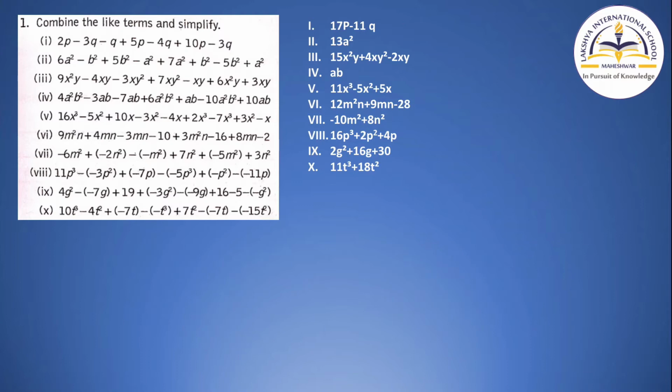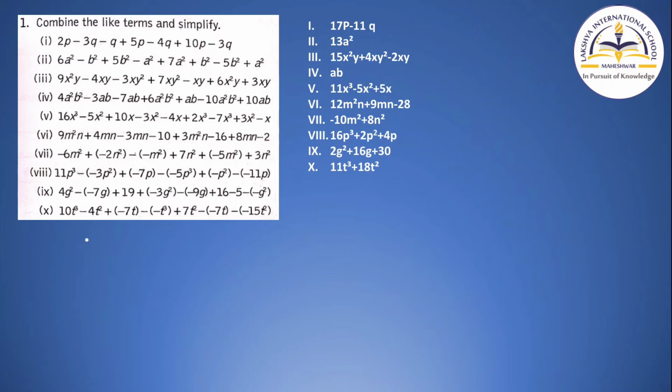Now question number 2: 16a square minus b plus 5 minus 6 minus a square plus 7a square plus b square minus 5b square plus c square. Now what do you have to do? You have to solve the a square terms first.